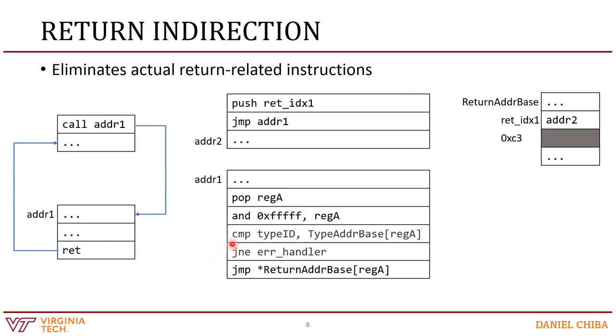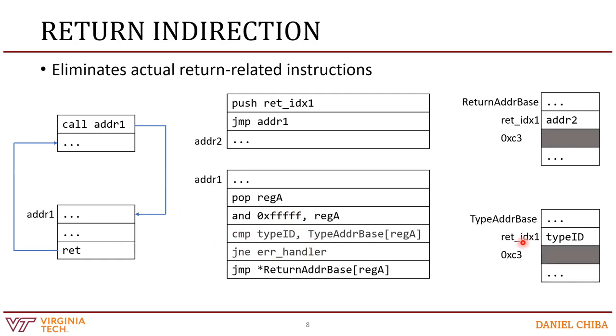The next 2 instructions, which are in dark gray, if that's noticeable, what these 2 do is actually compare the type ID of the callee function with the type ID that we've stored in a separate type table, return type table, indexed with the same return indices.